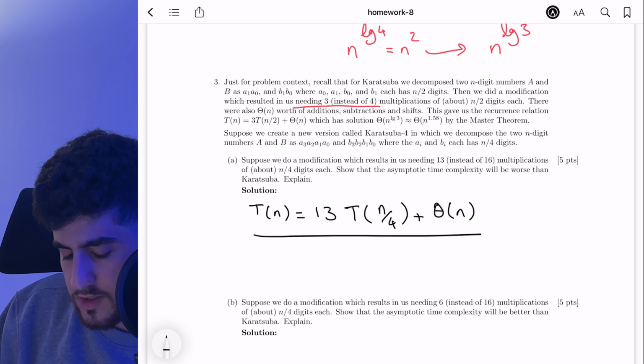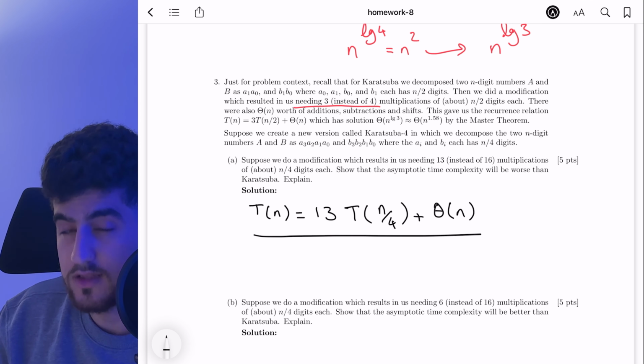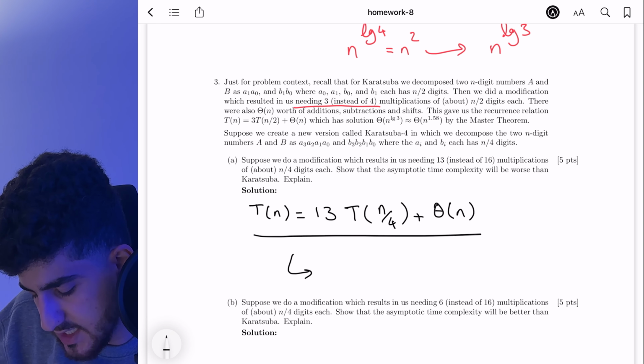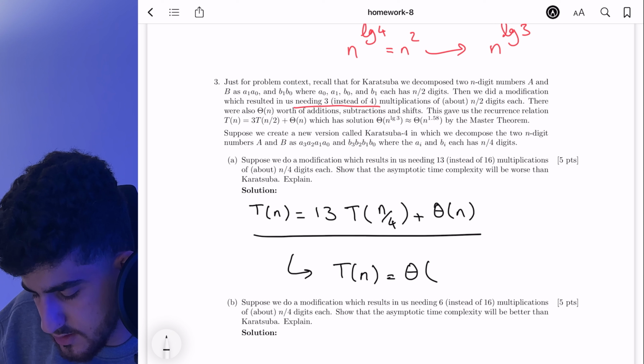And how can I find out what exactly it is? I can use master theorem. And by using master theorem, you can easily see that T of n is going to be theta of n to the power of log of 13 in base 4.